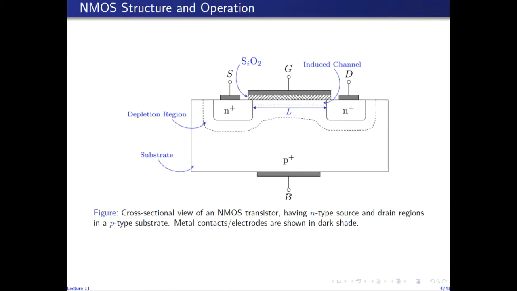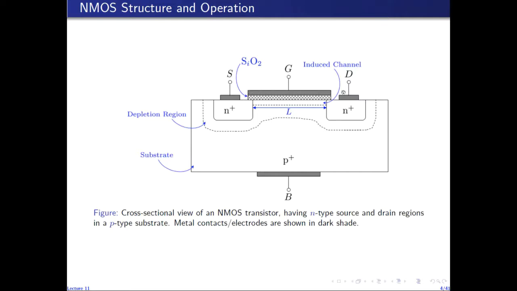This figure shows the cross-sectional view of an NMOS transistor. An NMOS transistor has N-type drain and source regions, which are built in a P-type substrate, which is also called the body of the transistor. The gate terminal is shown here by this electrode.